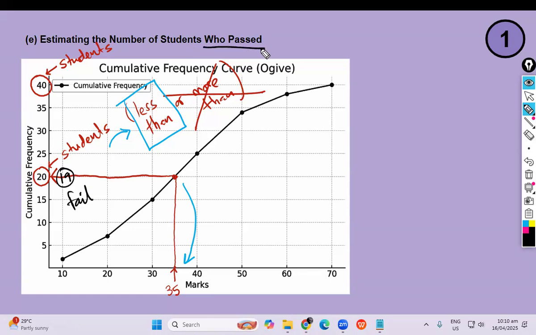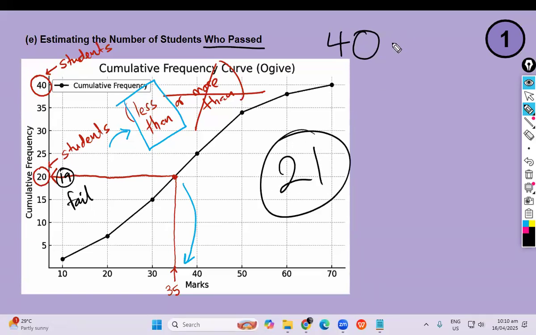If they ask how many people failed the exam, the answer is 19. So how many people passed? If there are 40 people in the class in total and 19 failed, how many passed? 21, correct. It's 40 minus 19.